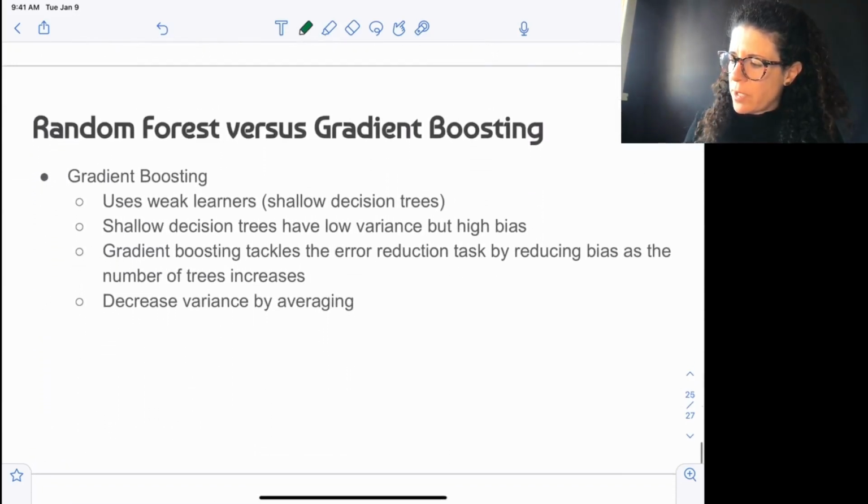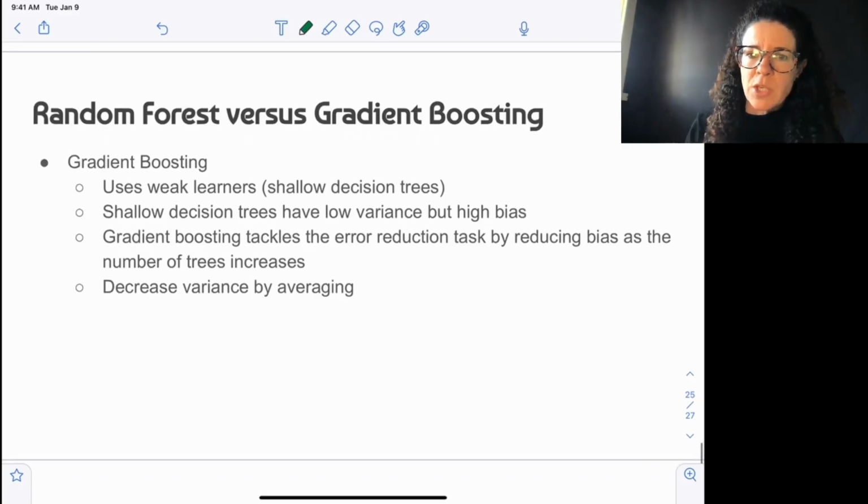On the other hand, gradient boosting uses shallow decision trees that have a high bias. Because you keep fitting trees on top of what the previous tree did, you are going to reduce bias as the number of trees increases, and variance is decreased by averaging.